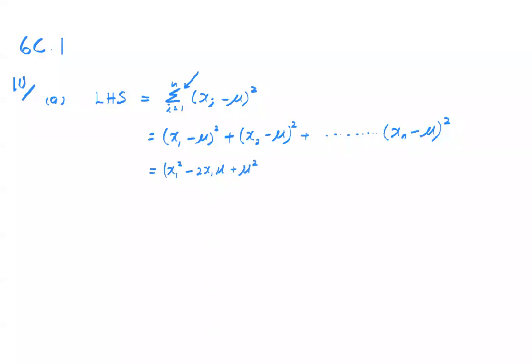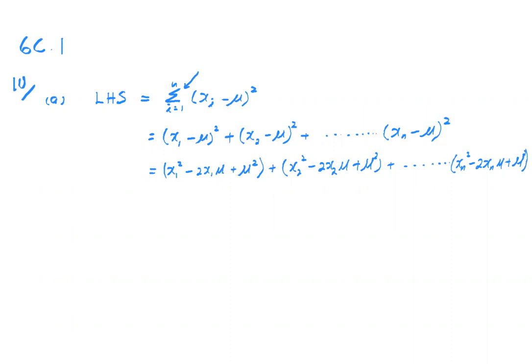So this is the first expansion, correct? Plus the second expansion will be x2 squared minus 2 x2 mu plus mu squared. Then plus many more, n of them all together. Then the last one will be xn squared minus 2 xn mu plus mu squared.